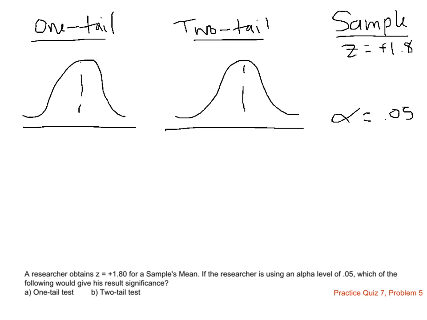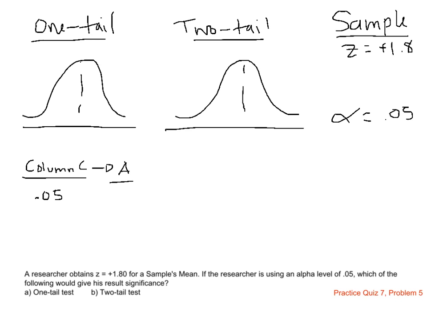I know my alpha is 0.05. To find the critical region, and here we're talking about z-scores. So to find critical regions for z-scores in the one-tail, I'm going to go to column C and then cross-reference to column A. With a one-tail, no need to divide that alpha. I just look up that particular alpha.